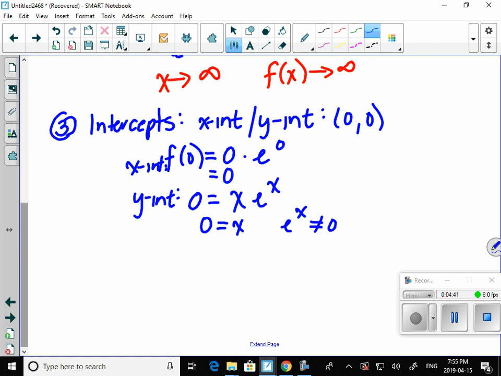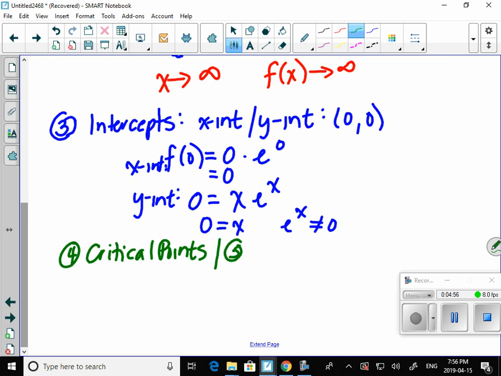Okay, upwards and onwards. Number 4: we are looking for critical points. And number 5 is where we classify them, categorize them as maxes or mins or neither. All right.